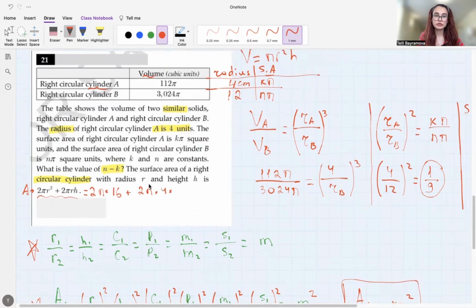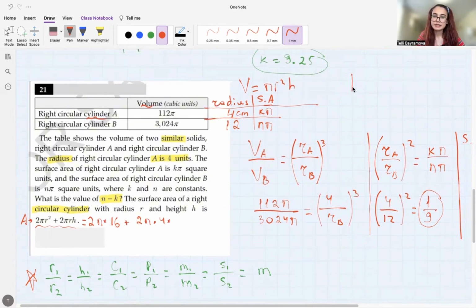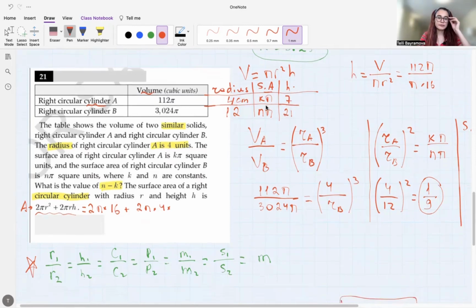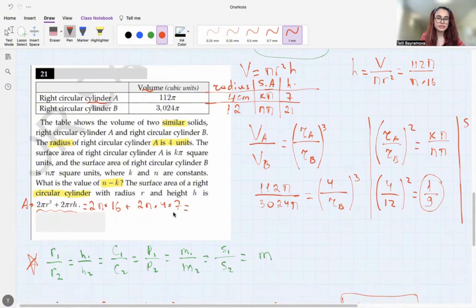Because you need to find height from here. So how can we find height? Height equals volume over pi r square, which is 112 pi over 16 pi. So 112 divided by 16 gives height equals 7 for A. Then height for B will be 21 because the ratio is 3 times, right? Multiply by 7.